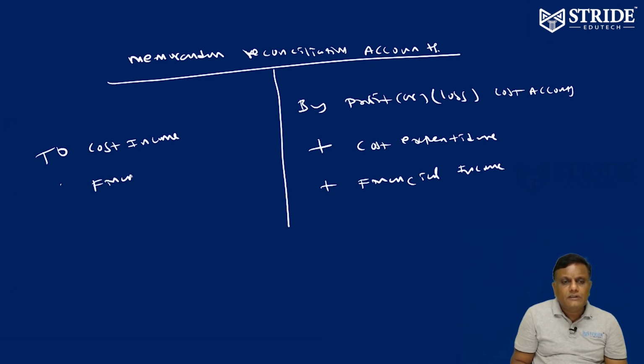Here you can put to, here we can put by. So by cost expenditure, by financial income. So same idea. What you saw earlier is plus and minus; here it is going to be by and to. These are the items: to cost income, to financial expenditure.